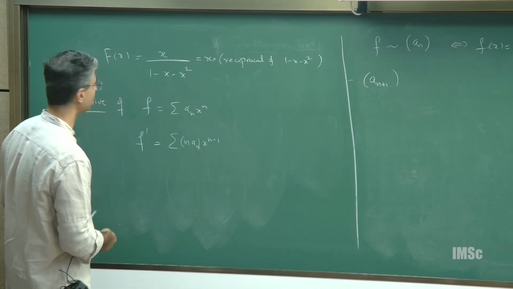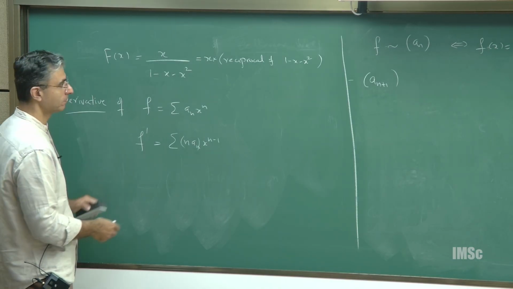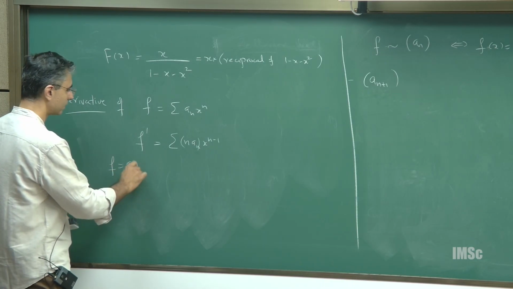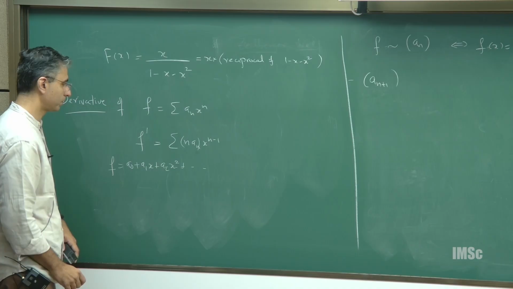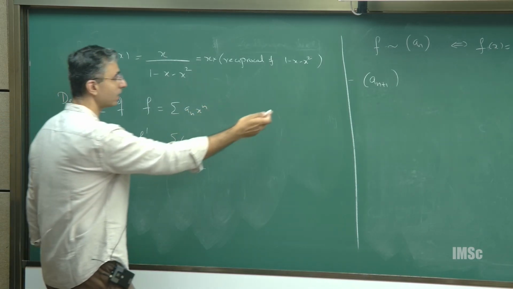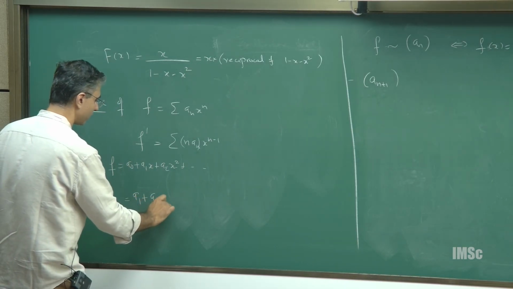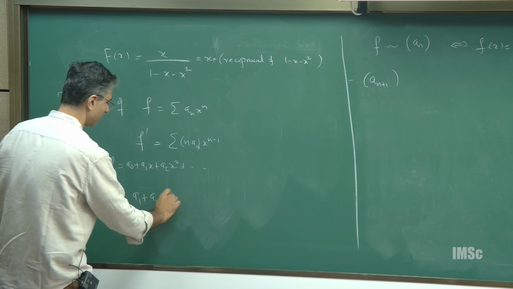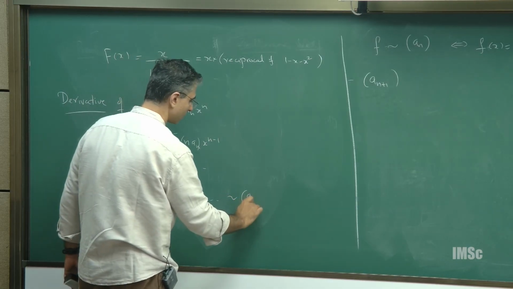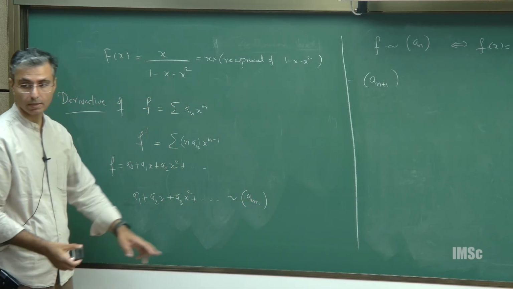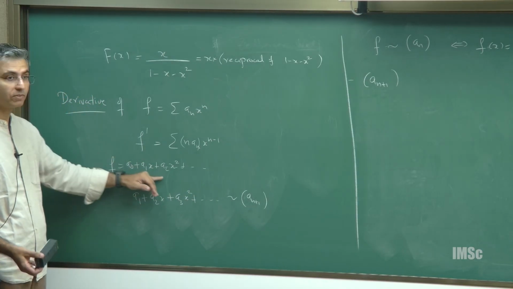We did this for the Fibonacci numbers. f is a naught plus a1 x plus a2 x square and so on, and the series we are interested in starts with a1 plus a2 x plus and so on.